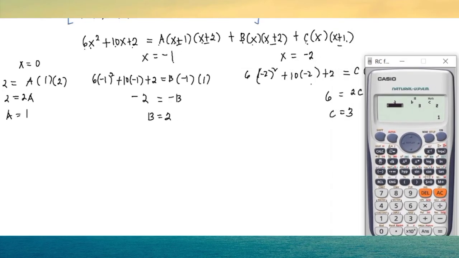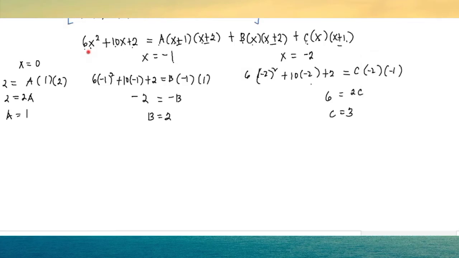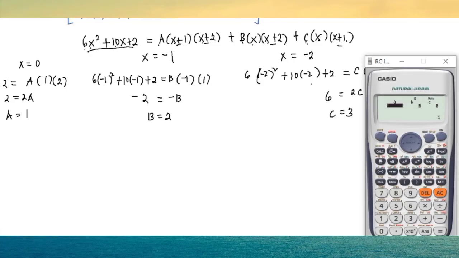So paano kapag gagamit tayo ng calculator sa pagsasolve natin? Pag i-evaluate natin ito. So usually, what if gagamitan natin yung calculator? So usually ang ginagawa natin ay halimbawa magsasubstitute tayo ng negative 1, and magsasubstitute ulit tayo ng negative 2.